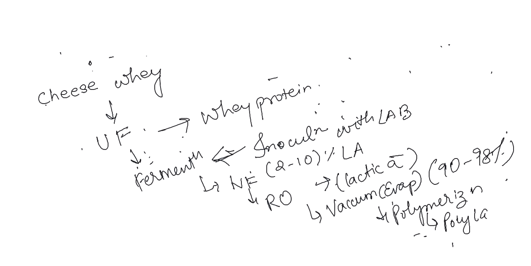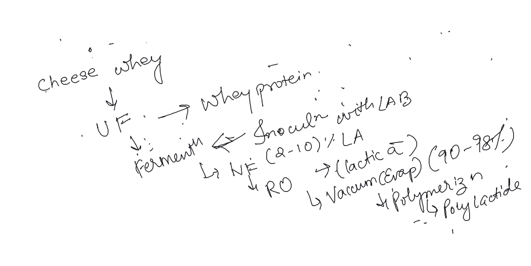If we go for polymerization, we get polylactide. This is from cheese whey. You go for the membrane separation technique. We inoculate with LAB and ferment it, then nanofiltration. We get 2 to 10% lactic acid, which on reverse osmosis gives the lactic acid alone.